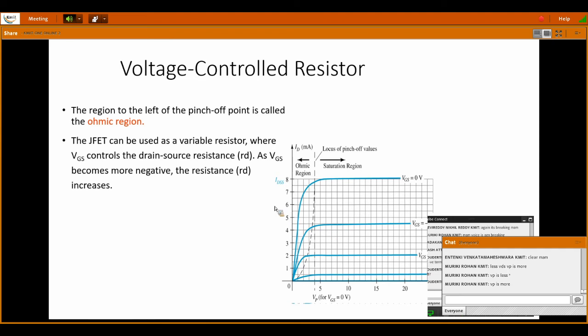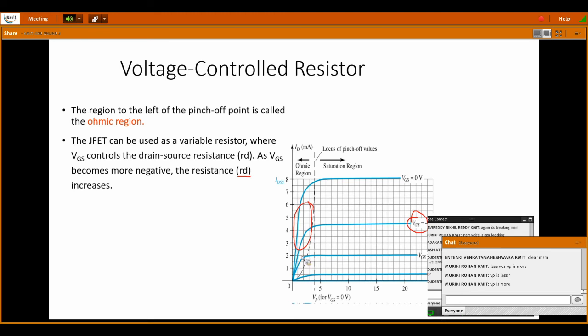So this ohmic region is considered as a FET voltage controlled resistor. FET can be used as a voltage controlled resistor because as VGS is varied, RD is varied. RD is nothing but drain resistance, which is VDS by ID.